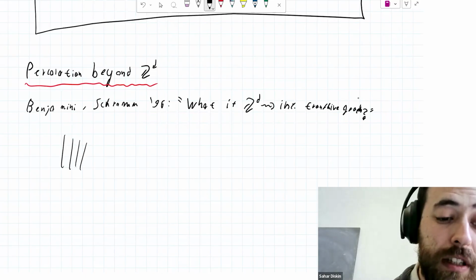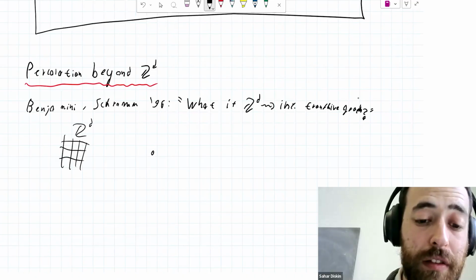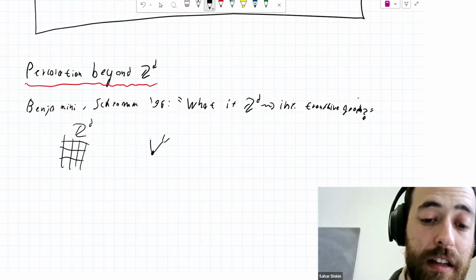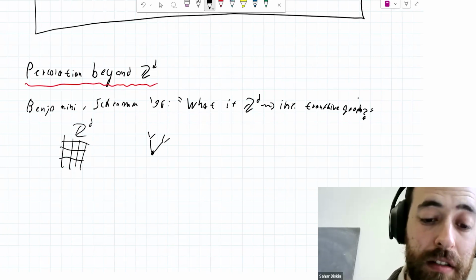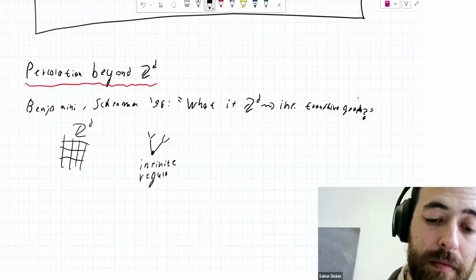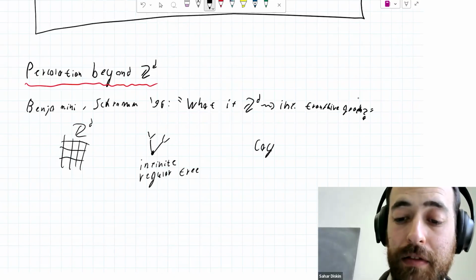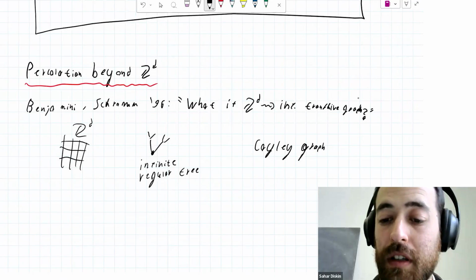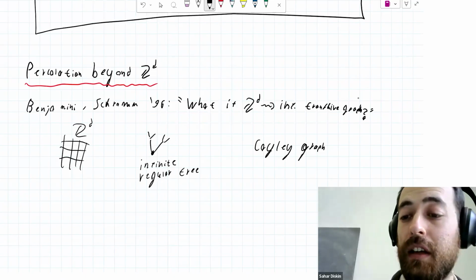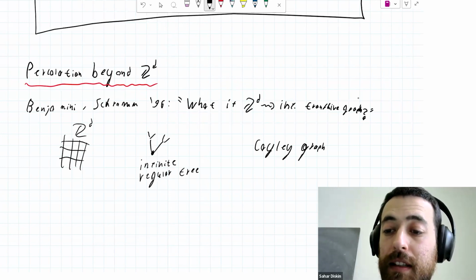Obviously we have the lattices, for example Z^d, but now we also have an infinite regular tree, and also any Cayley graph with a finitely generated set of generators will give rise to an infinite transitive graph.